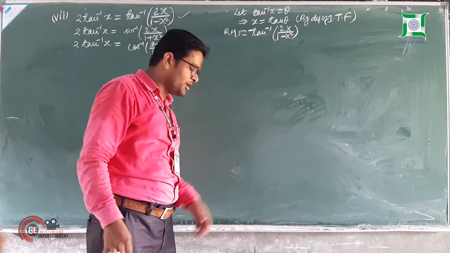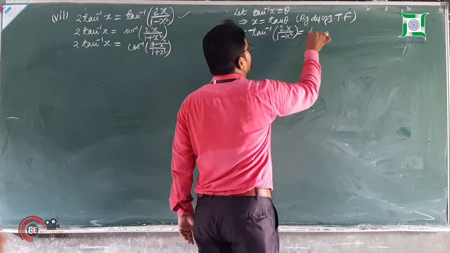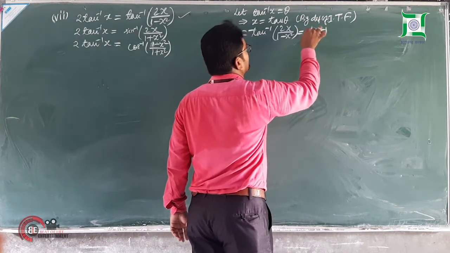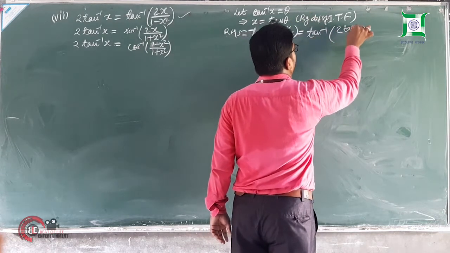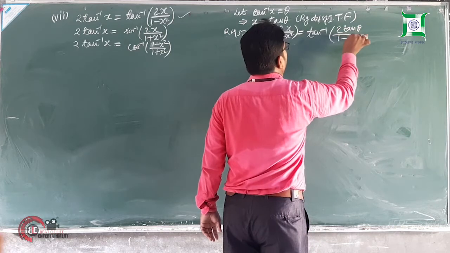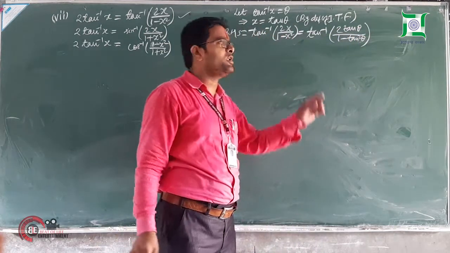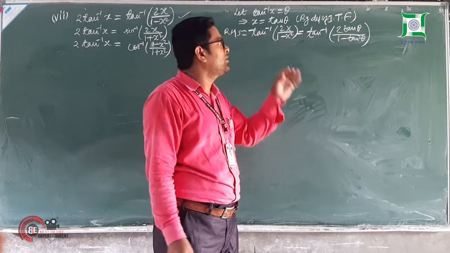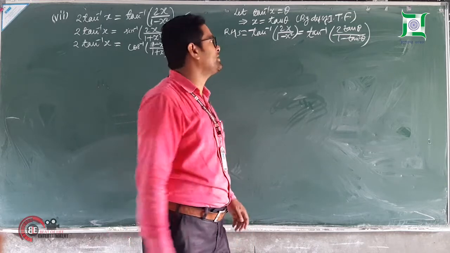Let us place the value of x here. What will it be? Tan inverse, in place of x, can I write 2 tan theta by 1 minus tan square theta. Now you know the multiple angle formula for tan theta: 2 tan theta by 1 minus tan square theta is equal to tan 2 theta.